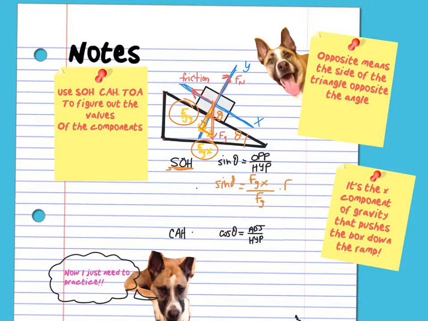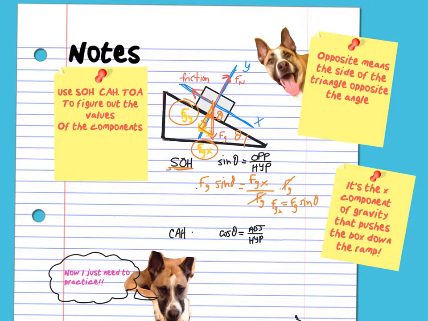If I multiply the force of gravity by each side, then what do I end up getting? I end up getting that the x component is equal to the magnitude of the force of gravity times the sine of theta.